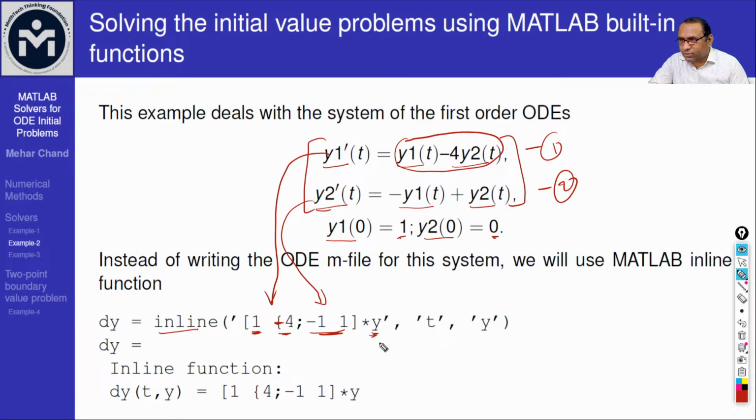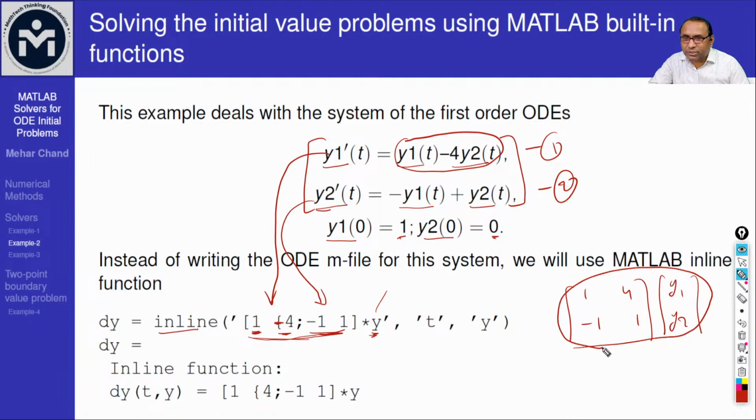So we have a matrix like this: 1, minus 4, minus 1 and 1, and this will include y1 and y2. When you multiply these two matrices, you will get the right hand side.